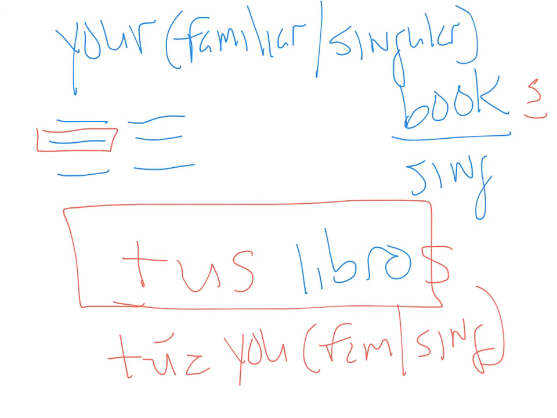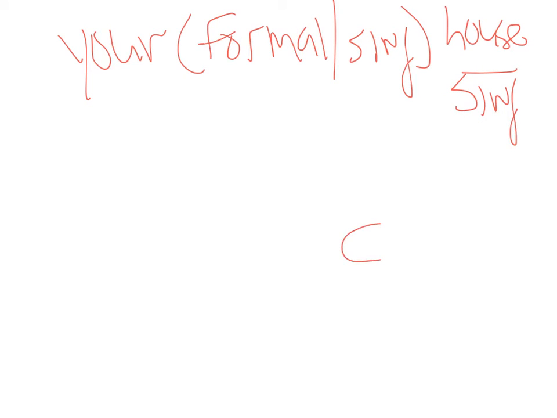¿Qué más? Let's go to otro. Let's try one that's, how about your formal singular? How about that? House. Well, we know house is singular. That's casa. So I know my possessive adjective will be singular. That's guaranteed. But what is the possessive adjective for your formal singular?